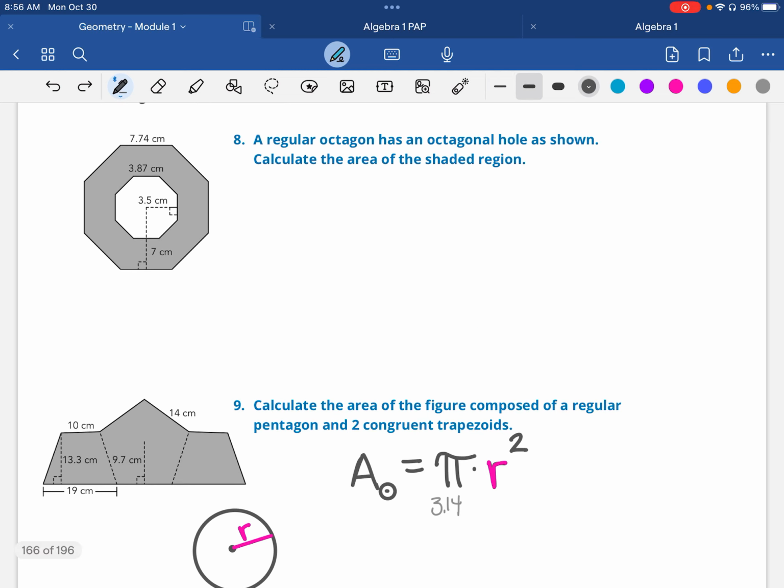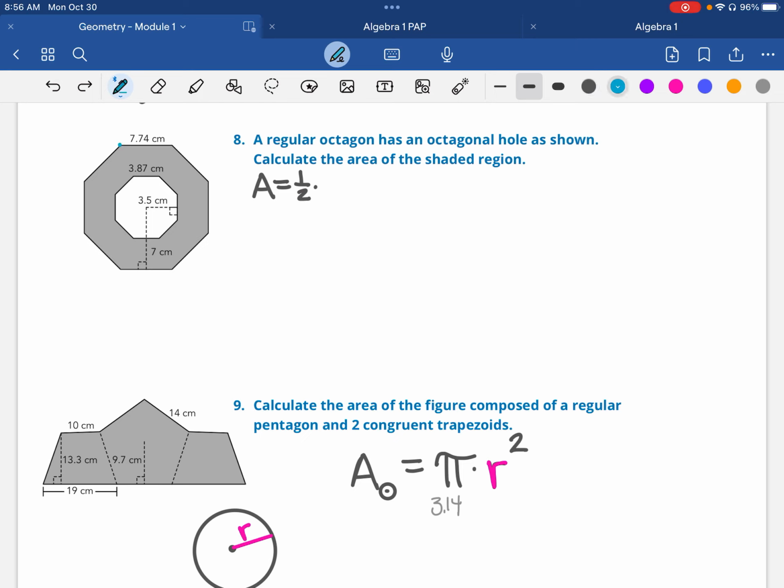I do want to go ahead and do question number 8 really quickly because it is going to let us find the area of a regular octagon one last time. This one is asking us to find the shaded region. There are 2 octagons in the picture, so I'm going to start with the larger of the 2 because that is where the shaded region is. I'm going to go ahead and use my formula.